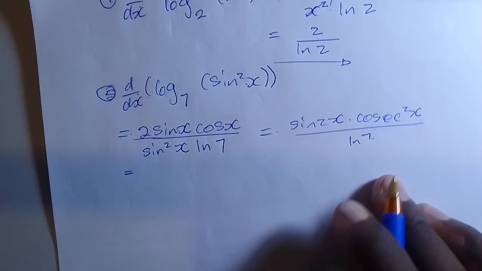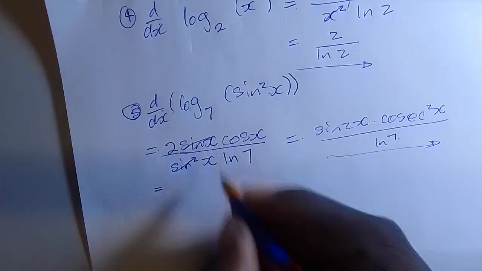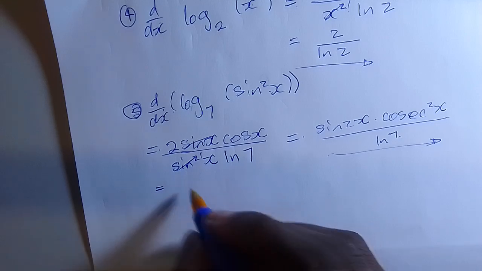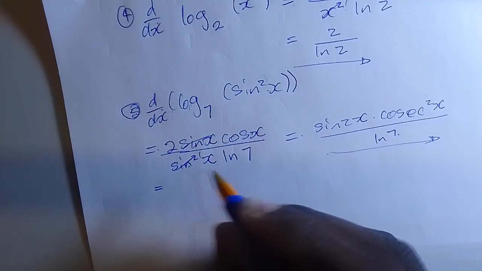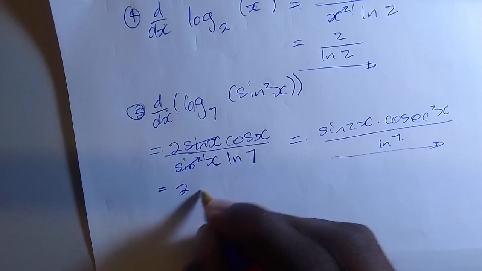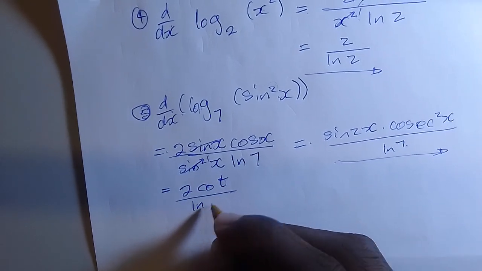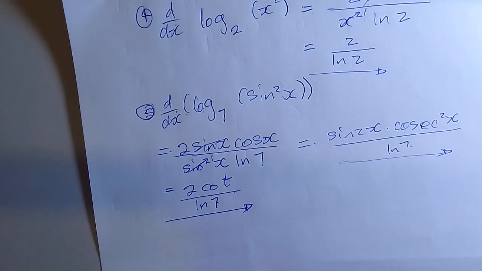I don't feel like that's simplified enough, so I prefer the way where you just cancel out one of the sines, and then you have cos over sine, which is cot, so you have 2 cot divided by ln 7. Yeah, that looks way simpler.